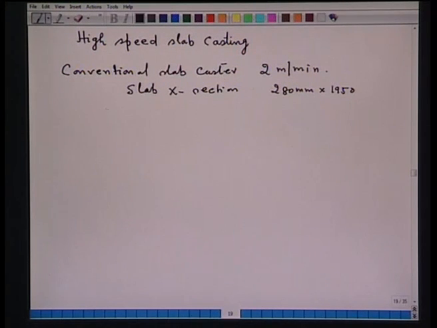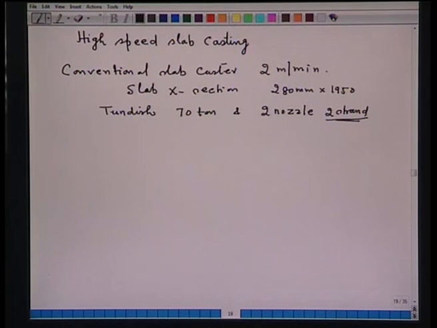It is casting having a Tundish of 70 ton capacity and 2 nozzles at the bottom of the Tundish, that means a 2 strand caster. It is a 2 strand caster.